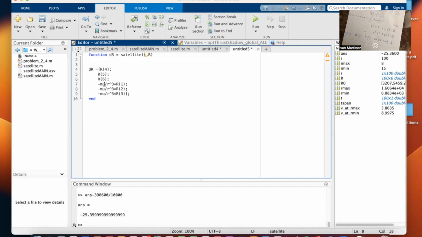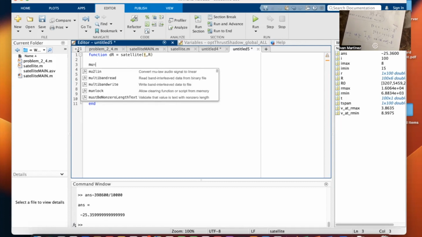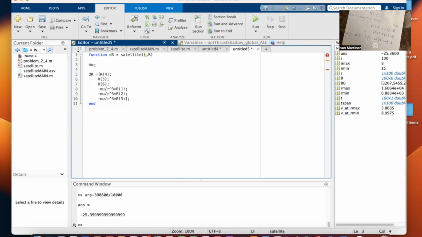The function is going to ask us, hey, what the heck is mu? So let's do it. Mu is the gravitational constant. We're orbiting the Earth, so it's 398,600, in kilometers cubed per second squared. And what else?